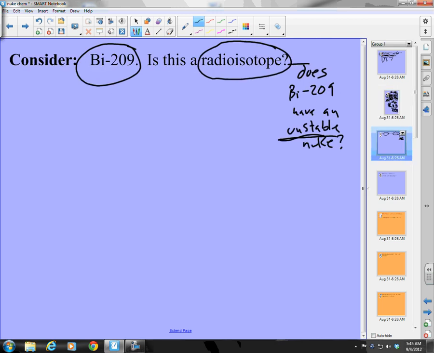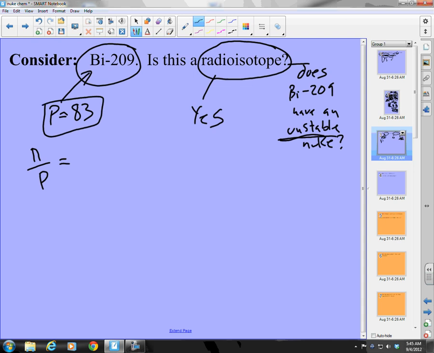Now I think we can answer. Bismuth, hey, there's our buddy bismuth. How many protons does bismuth have? It has 83. Good. Right away, we're going to guess that if it's bismuth or greater, it is a radioisotope. Yes. Now, just for the heck of it, let's look at the neutron to proton ratio. I have 83 protons. This is my mass number, right, folks? So that means I have 126 neutrons. Would you agree? Yes.